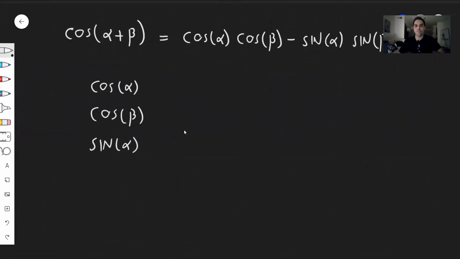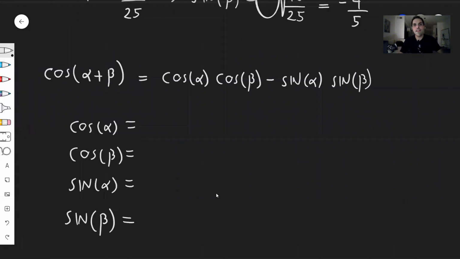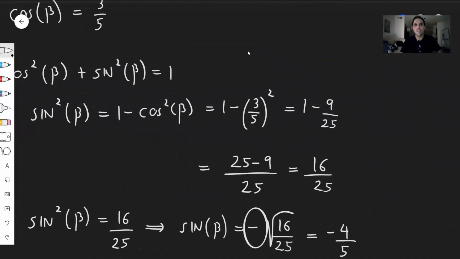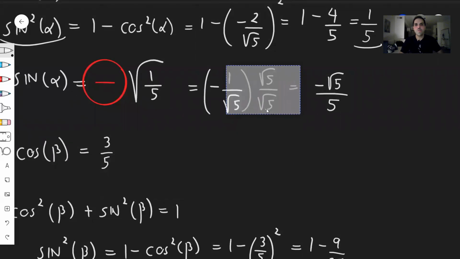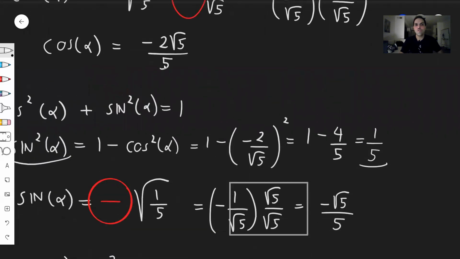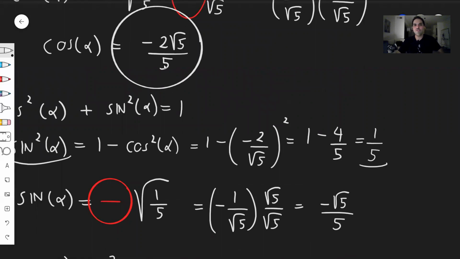I promise you, if you do not do this, you're very likely to make an algebra mistake. So protect yourself from any mistakes. So what did we have? Cosine of alpha was minus 2 square root of 5 over 5. And then sine of alpha was minus square root of 5 over 5.